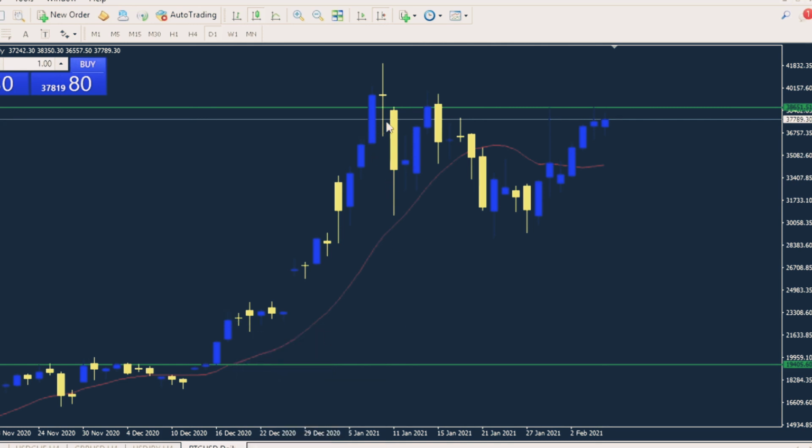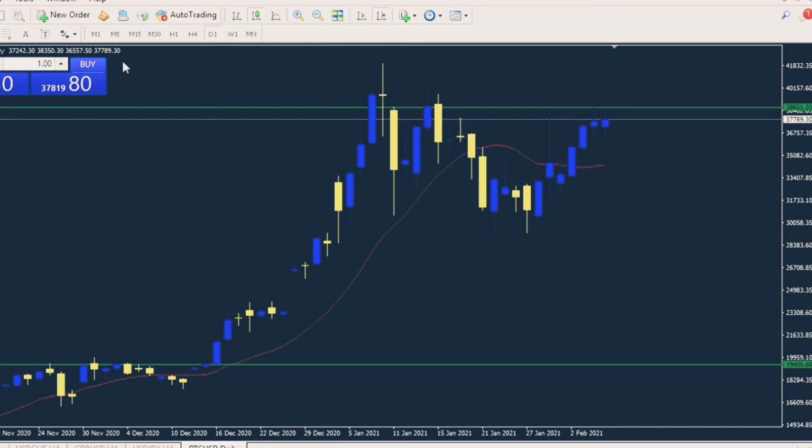So this level we spotted on the monthly time frame is at $38,000, and one thing I want to note using demand and supply zone is there's a supply at this level, right? This is the first time Bitcoin is actually getting to this level.